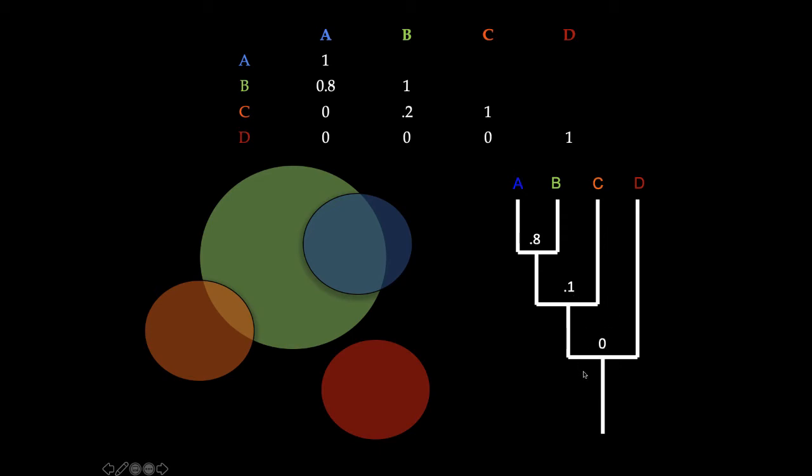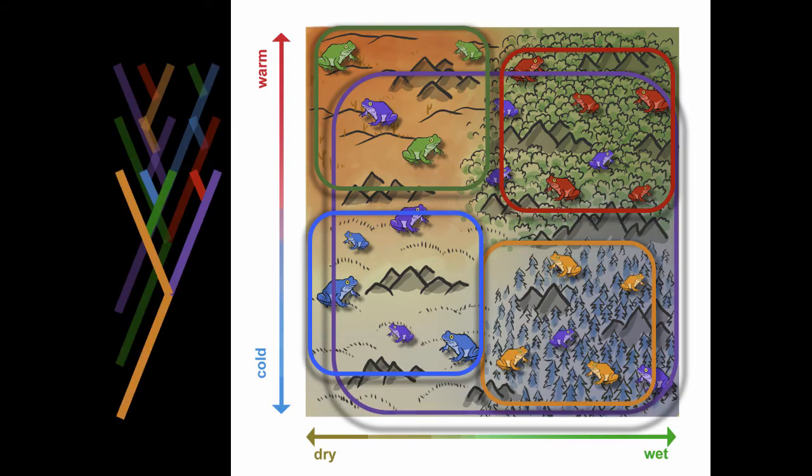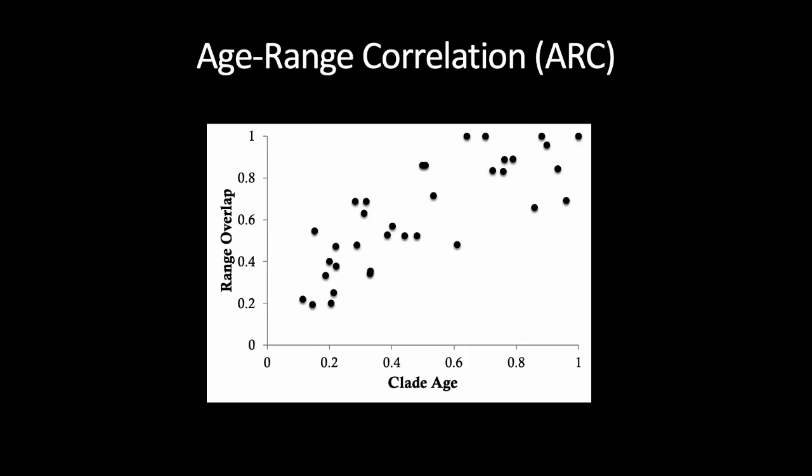And this has a certain age and a certain overlap, and this has a certain age and overlap, and those are not independent observations, not entirely, because A's range and B's range are included in all of these. C's range is included in this one and this one, and D's range is only included in this one. So you cannot assume, as you typically do with a linear regression, that all of these observations are fully independent of each other.